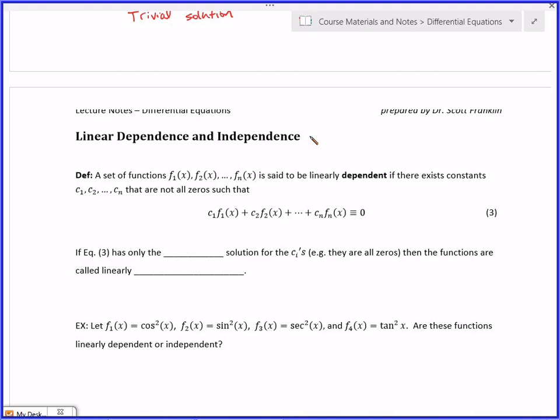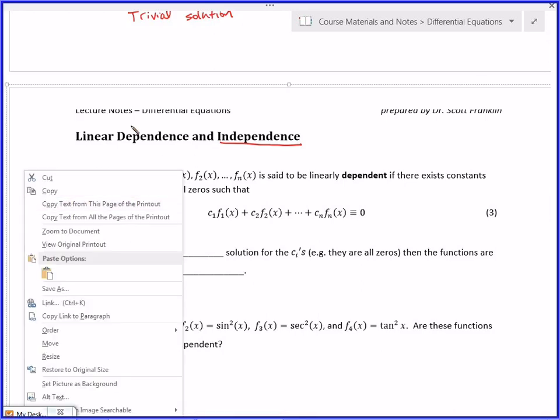But those y's that I've chosen have to have the property of being independent from each other, meaning that you can't write one in terms of the others. Right?